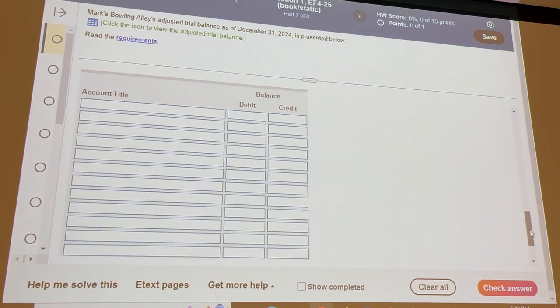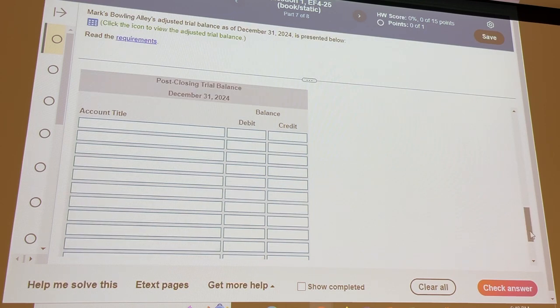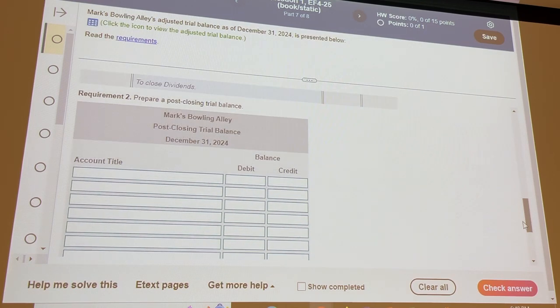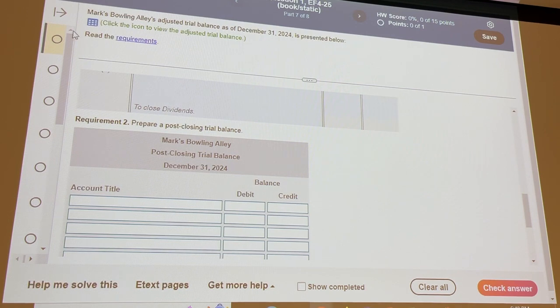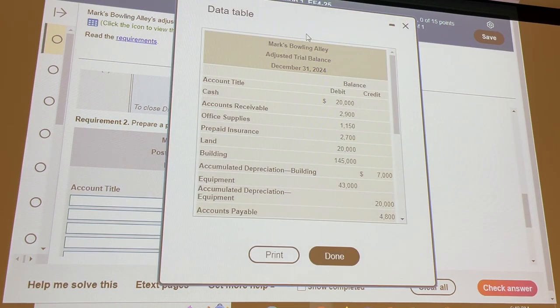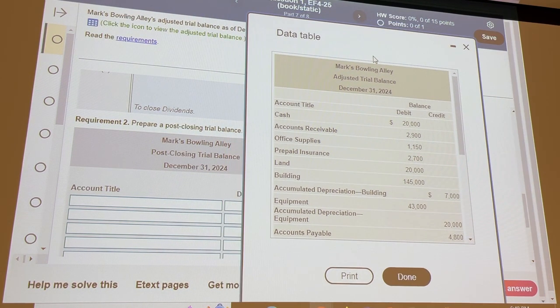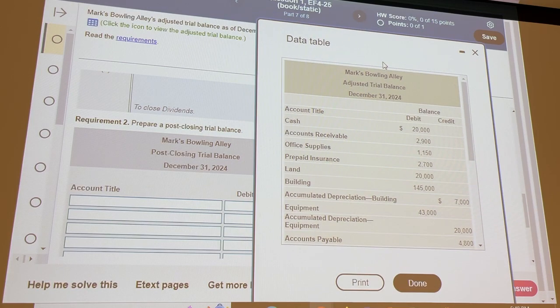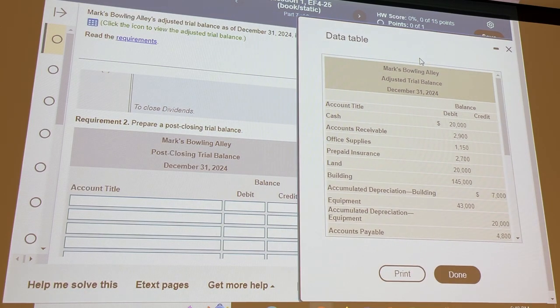And it's not, I'll fill out most of it very quickly. We won't spend a lot of time on it, but for the most part, we should just be taking the accounts that are permanent accounts from the adjusted trial balance and just filling them in the way they are shown there on the adjusted trial balance on the post-closing trial balance.